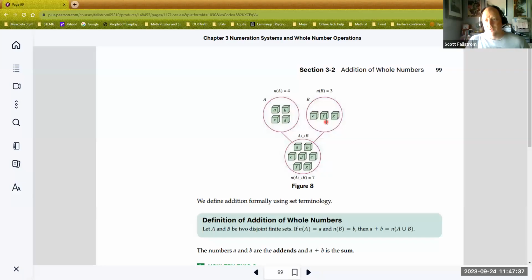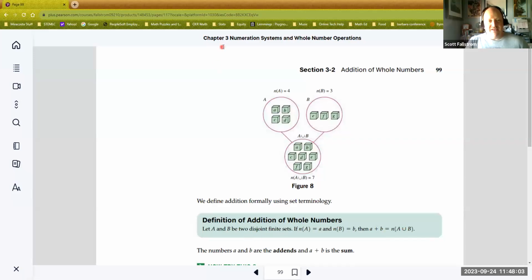Now, it's very important to make sure that there is no overlap between them. So we need the two sets to be disjoint. If there is overlap, this is what we saw in chapters 2 and 3, then we won't add them together and get 7. We would add them together and then subtract the double counted pieces. So it is true that the number of A plus the number of B is equal to the number in the union.